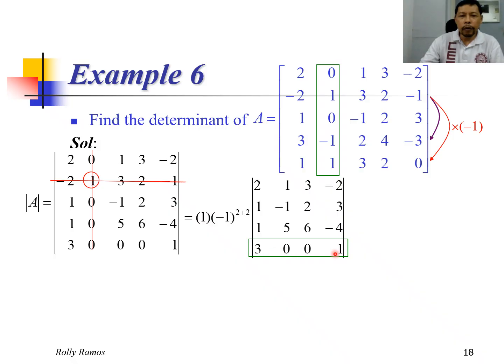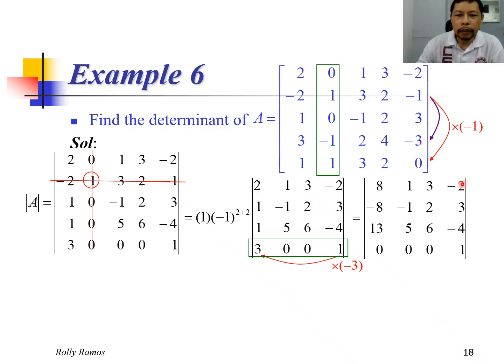We select row 4, which has several zero elements, or we apply elementary column operation to column 4. Okay, multiply column 1 by -3 and add it to column 4 will give us this matrix.